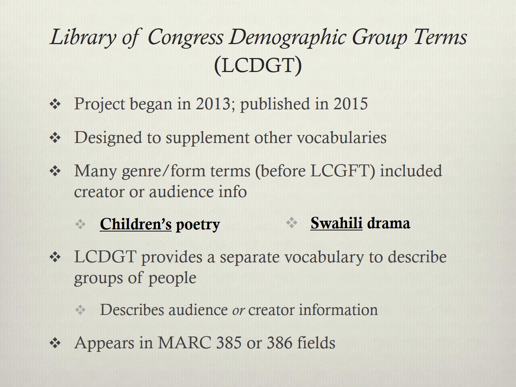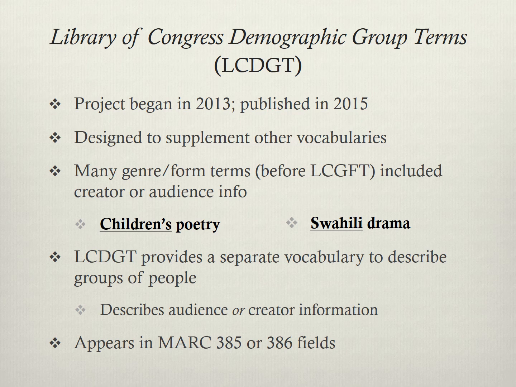With the success of the LCGFT, the Library of Congress continued to develop some additional thesauri, including one for medium of performance for musical works and one for demographic groups. So before LCGFT, all the terms for genre form lived in LCSH. Many of these terms also contain creator or audience information in them. For example, sailors' writings, Japanese.